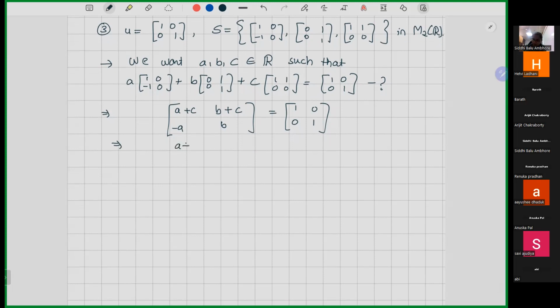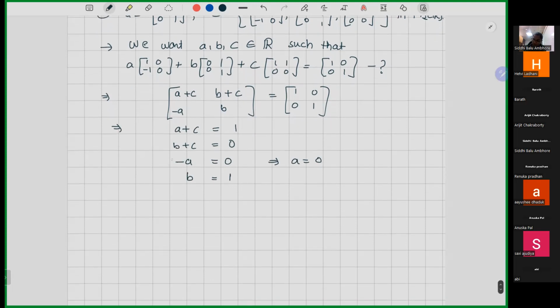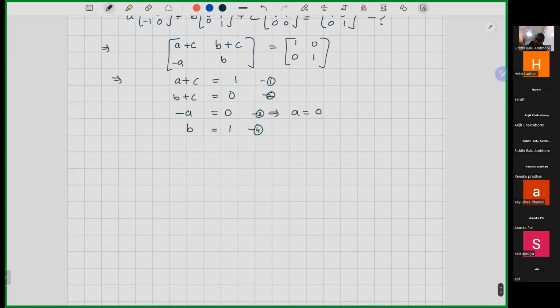So we get A plus C is equal to 1, B plus C is equal to 0, minus A is equal to 0, which implies A is equal to 0, and B is equal to 1. Okay. So from this, what we get, so let me write the first, second, third equation and this fourth equation. So we want to find the value of C now.